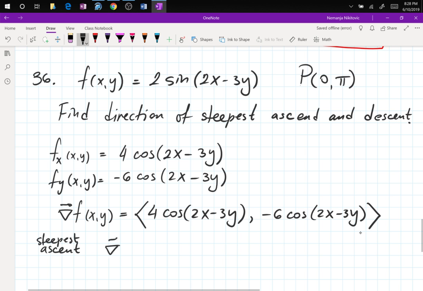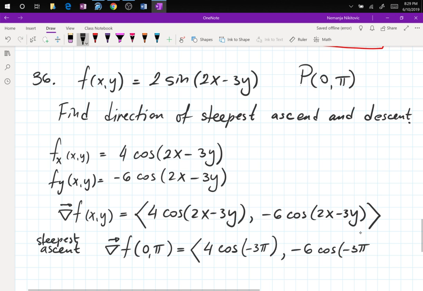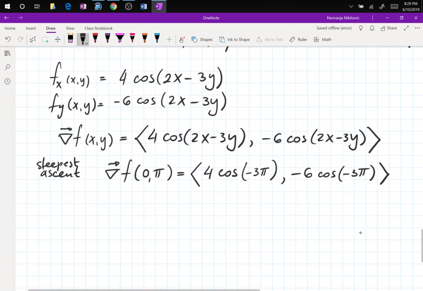So I need to find gradient f at 0, pi, and that's going to be 4 cosine of negative 3 pi, comma negative 6 cosine of negative 3 pi. When I plug in 0, it kills x's, and then pi for y becomes negative 3 pi. They're only asking for the direction. They did not ask for the value of it.